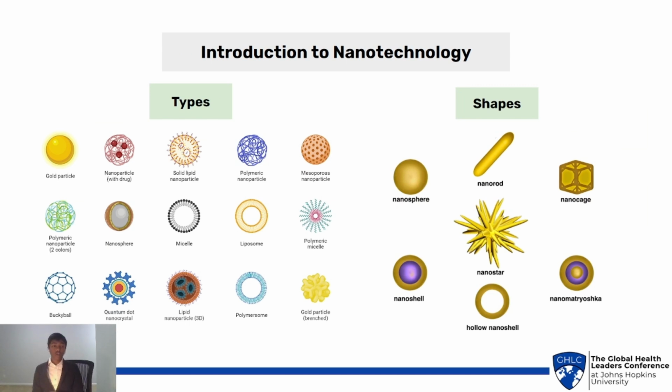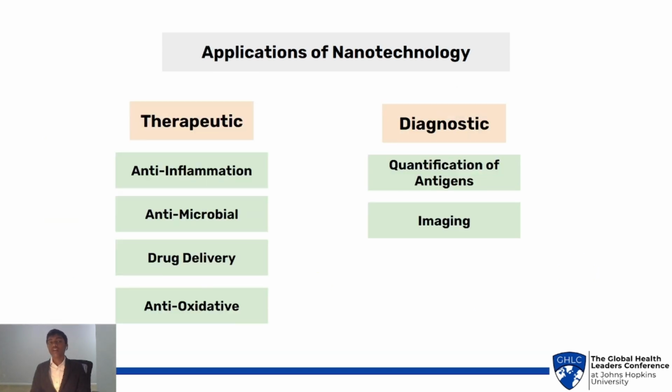Now, let me give you a quick introduction to nanotechnology. The types of nanotechnologies are nanoparticles, which come in nanospheres, liposomes, polymeric micelles, and a variety of shapes like spheres, rods, cages, hexagons, and even stars, and the list goes on. What are the applications of nanotechnology? There are two divisions in the medical field: therapeutic and diagnostic.